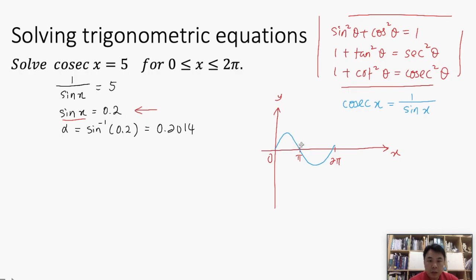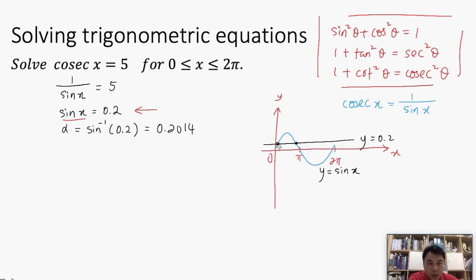We are saying, what are the solutions when this sine graph meets with a straight line y equal to 0.2? So basically we are trying to find the intersection points between this straight line y equal to 0.2 and the sine graph y equal to sine x.